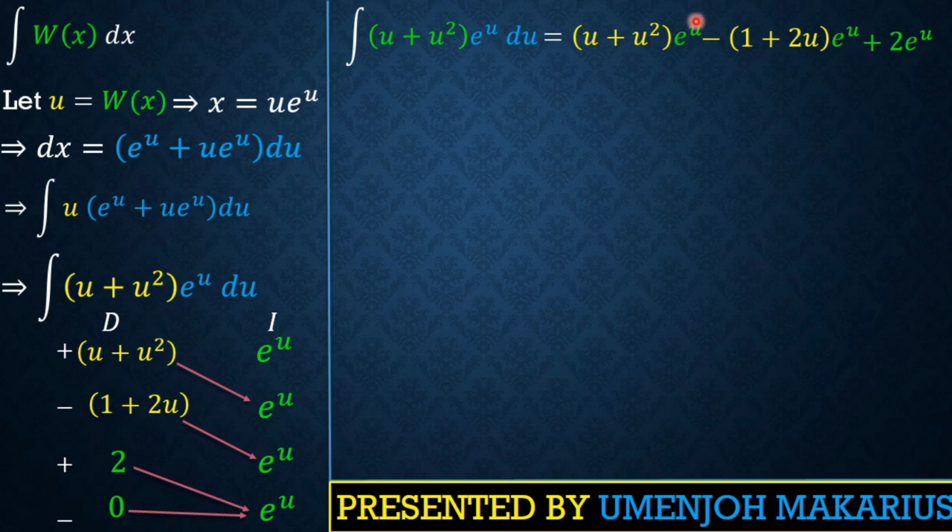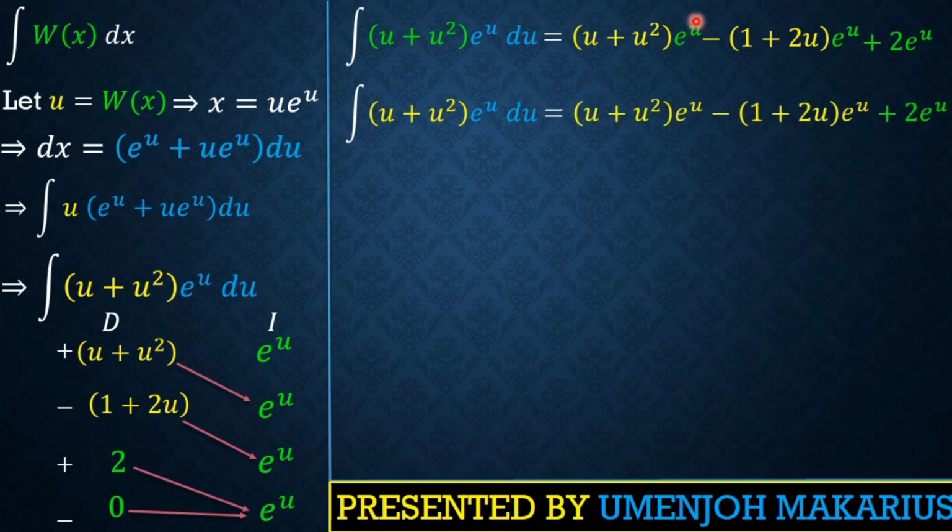Okay, great. So now, by so doing, we are going to have the integral of u plus u squared e raised to the power u du simply becomes u plus u squared into e raised to the power u minus 1 plus 2u into e raised to the power u plus 2 e raised to the power u. Great.